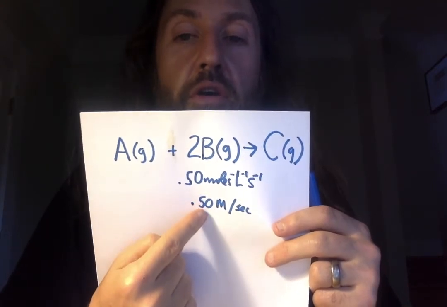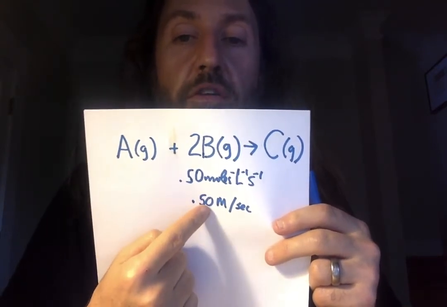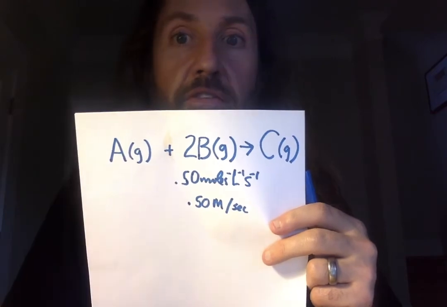So if B is going at 0.5 molarity per second, how fast is A going? I mean, the obvious answer here is that A is going at 0.25 moles per liter per second, like that.